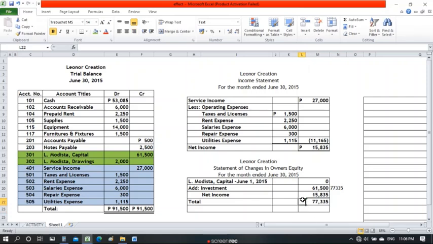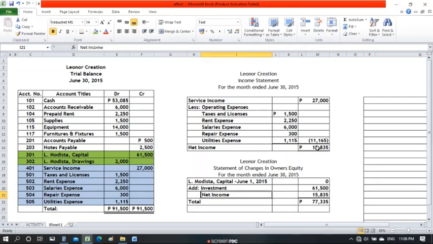And then you will need to write peso sign. Dun sa first amount, hindi ako naglagay ng peso sign because there is no value, kasi 0 yung value ng ating beginning capital. That 61,500 came from investment. So that amount is in the investment, not in the beginning capital.